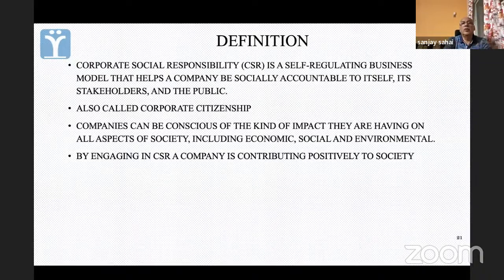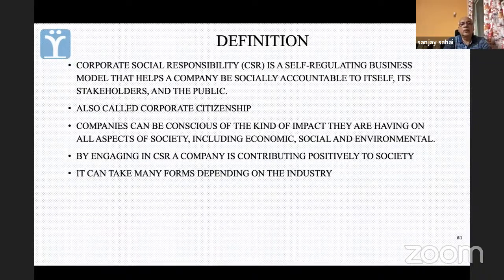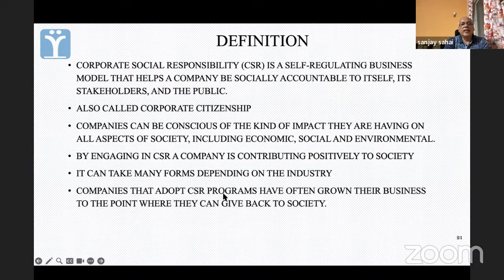And when it contributes positively, it has an impact on its own image. Now, it can take many forms depending on the industry. Companies that adopt CSR programs have often grown their business to the point where they can give back to society. So once a company's size becomes reasonably good, only after that do we expect that the company will give something back.